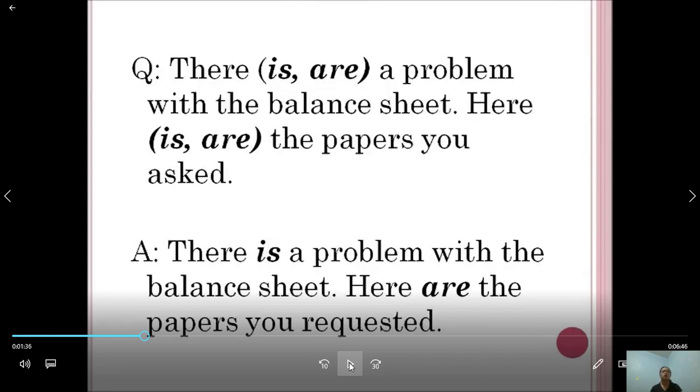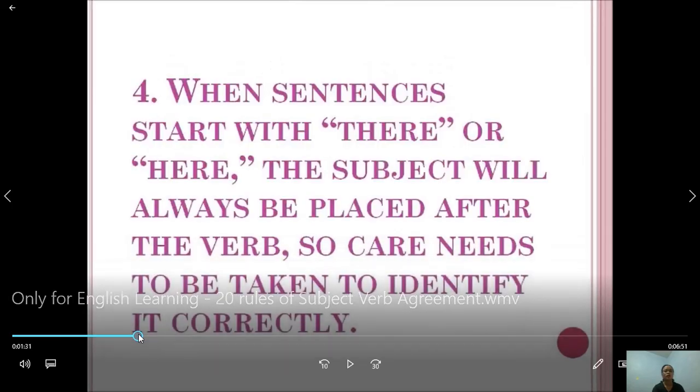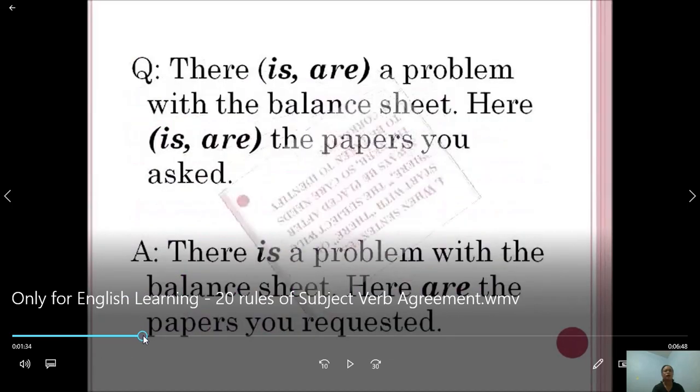Okay, so when the sentence starts with there or here, the subject will always be placed after the verb.